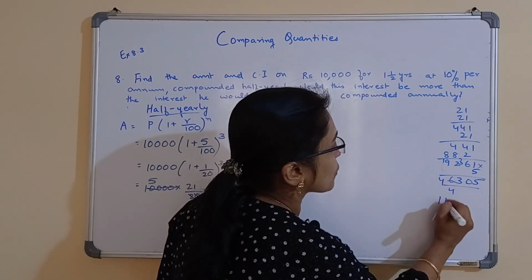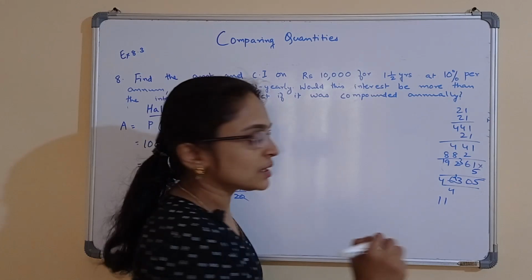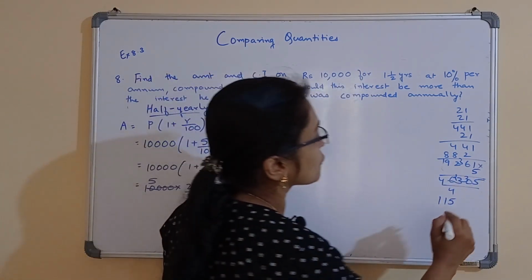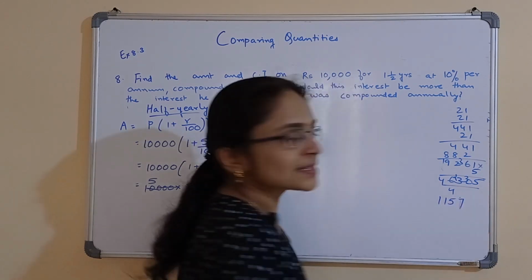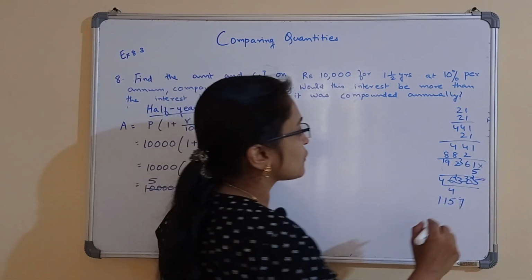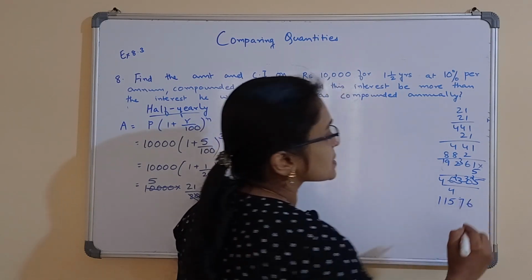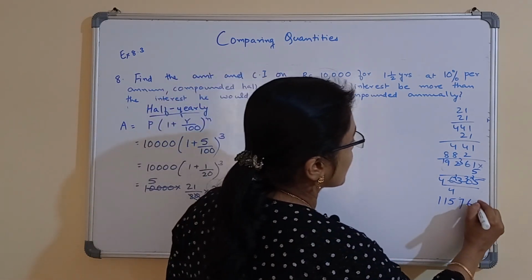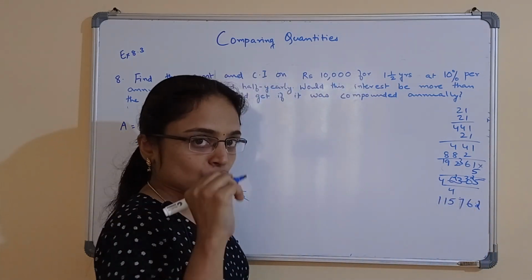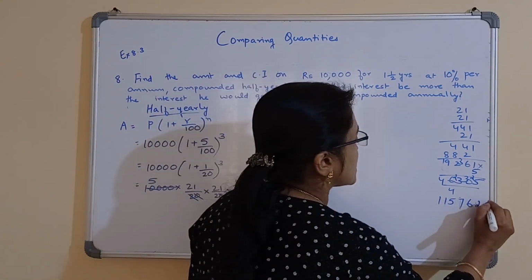Now dividing: 4 by 4 is 1. Then 6 by 4, 1, 2 remainder. 23 by 4, 5, 3 remainder. Then 30 by 4 is 7, 7 4s are 28, so 2 remainder. 25 by 4 is 6, 6 4s are 24, then 1 remainder. 10 by 4 is 2, then 2 remainder. 20 by 4 is 5.